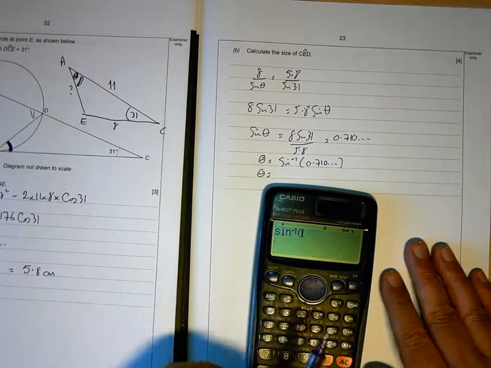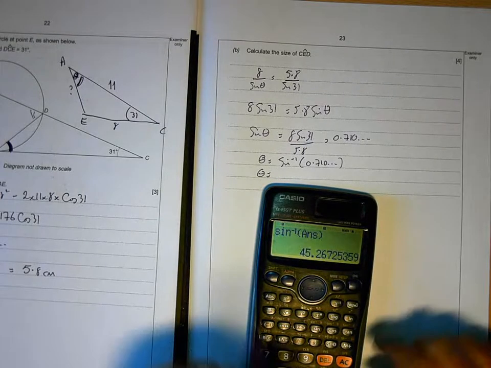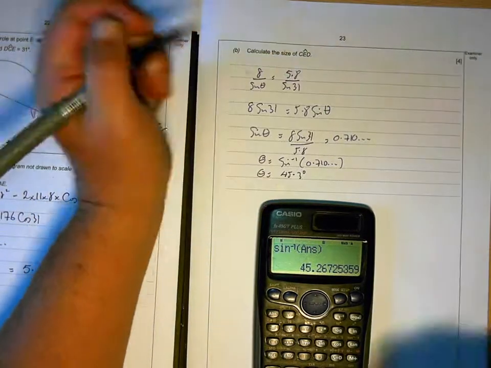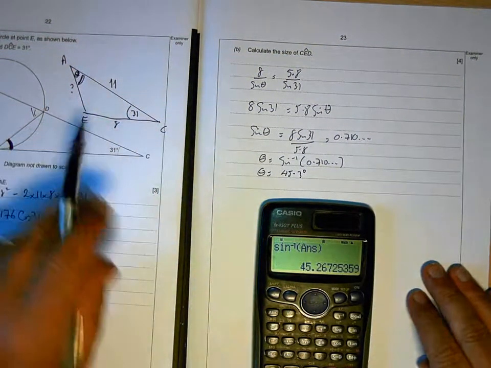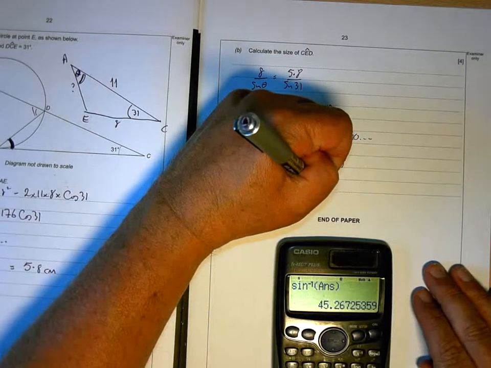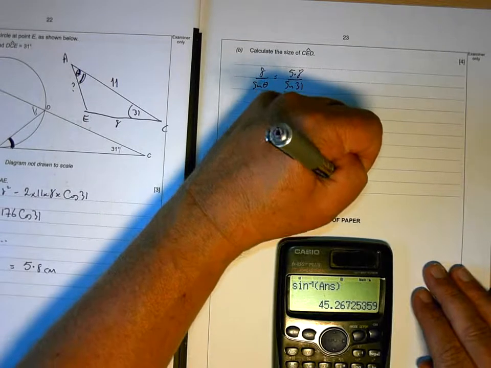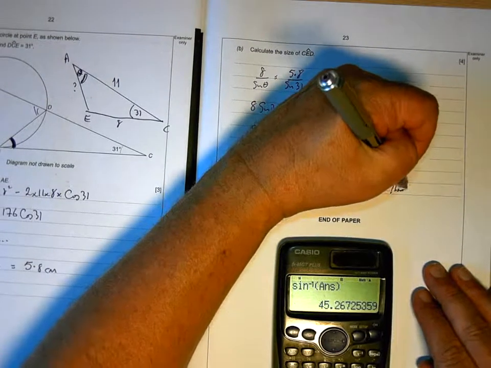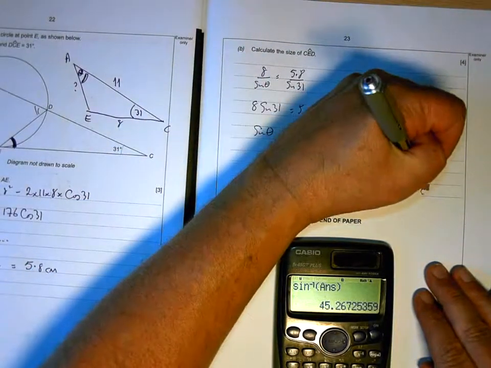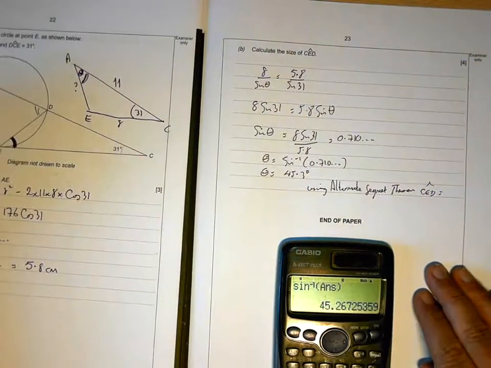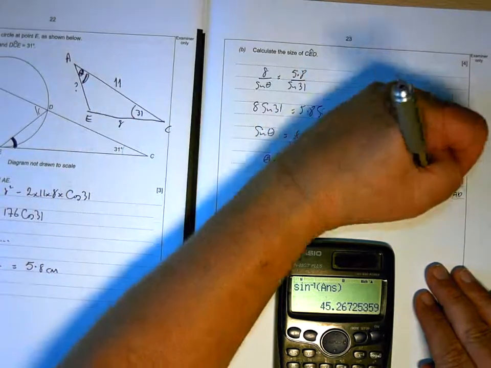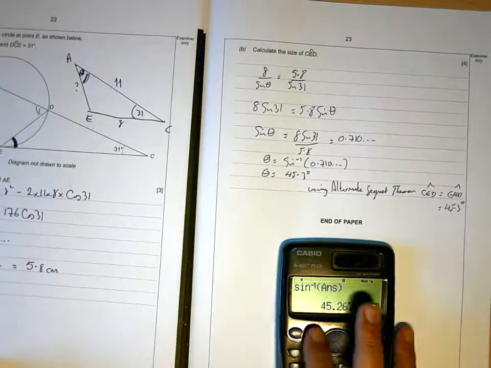Shift sine ans close bracket: 45.3 degrees, and that's what theta is. Using the alternate segment theorem, angle CED equals angle EAD equals 45.3. And that's it. That's the end of the paper.